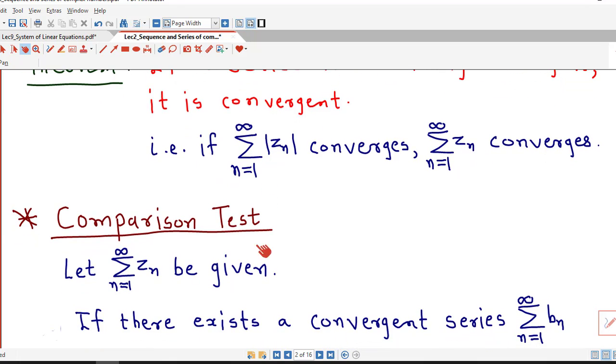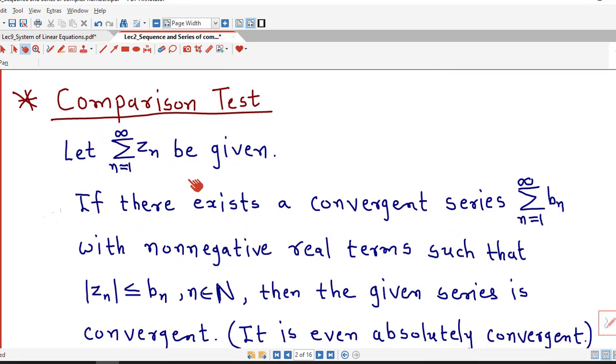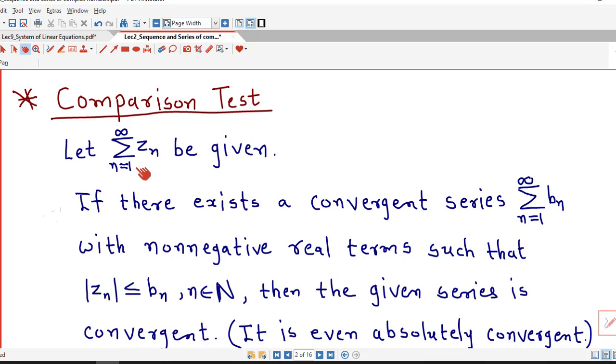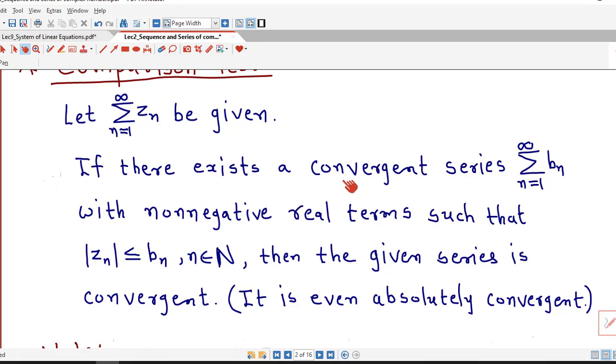Now we understand this result or test for convergence known as the comparison test. Suppose we are given this series of complex numbers denoted by sigma Zn. Suppose there exists a convergent series sigma Bn with non-negative real terms, that means the value of Bn is non-negative for each value of n.